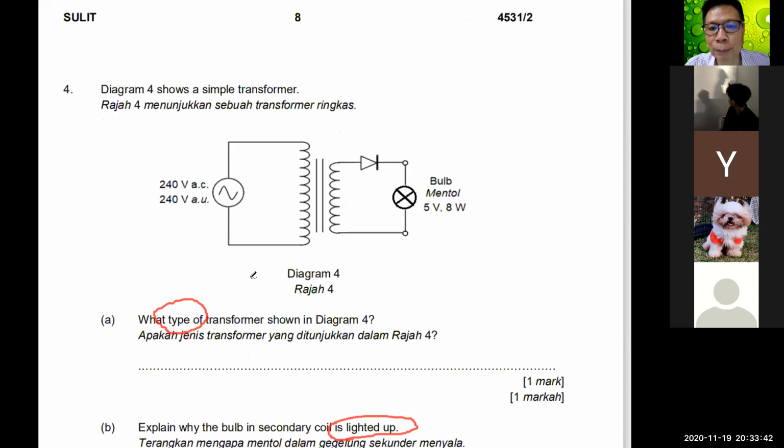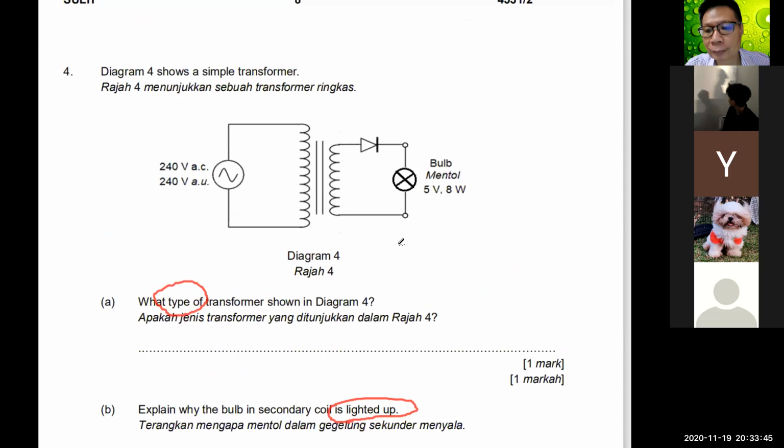Okay, this one I explain. Normal brightness means the bulb lights up normally when the bulb receives 5 watt, 8 watt. Meaning that the bulb receives exactly what the bulb needed. The bulb requires 5 watt, 8 watt.